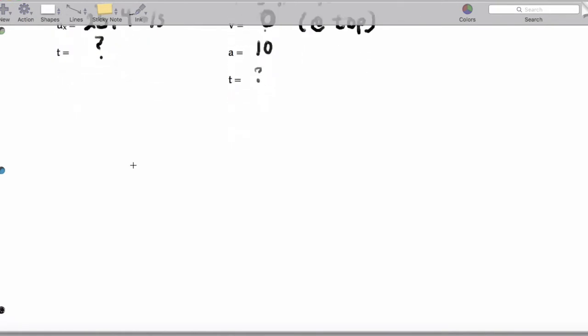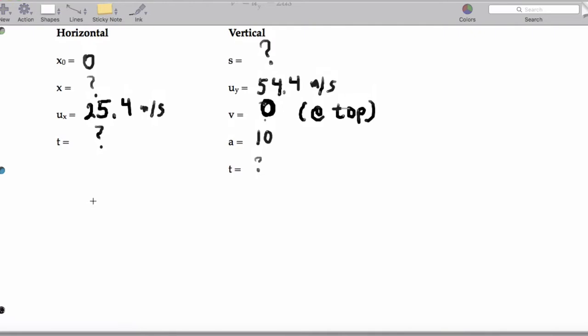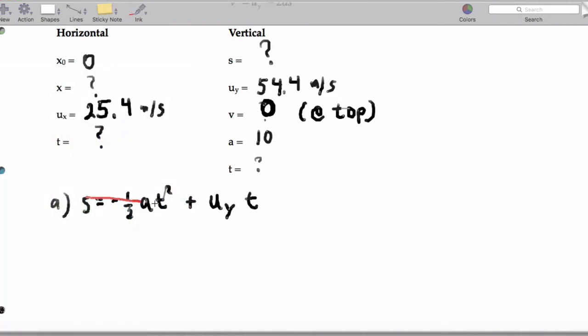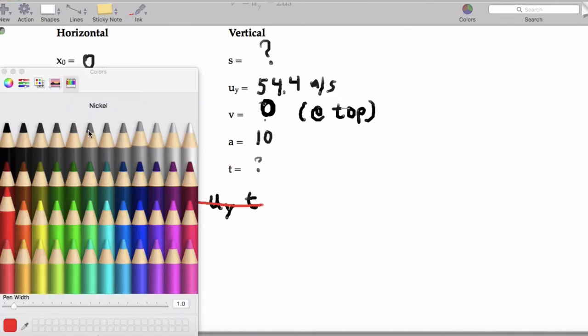So first, let's get the height reached. Using the formula, we have s equals negative 1/2 at squared plus uy times t. And if we actually look at this here, we don't know the time, and we don't know uy. So for part A, this formula is actually not going to work. Let's try the third formula then.